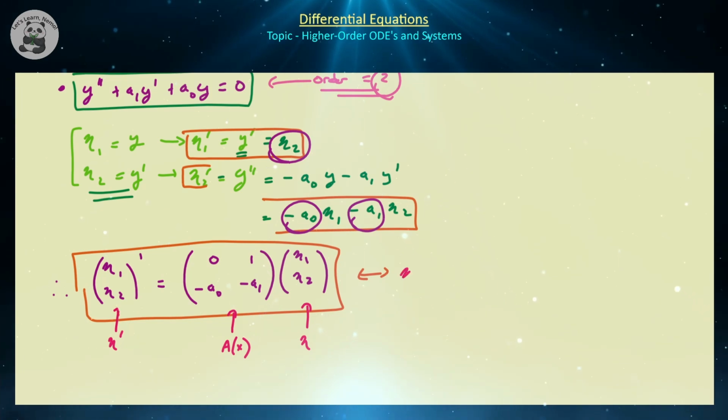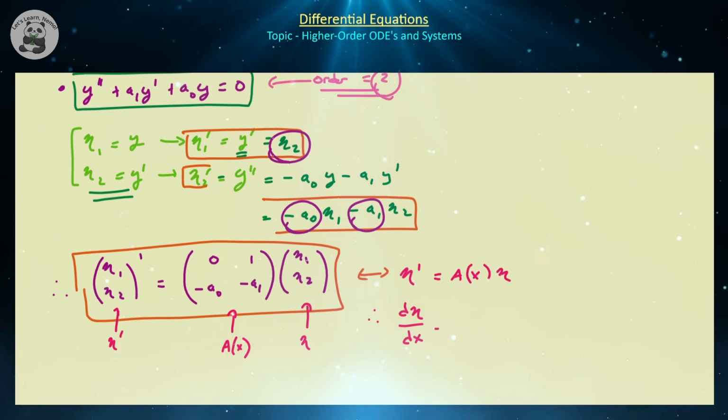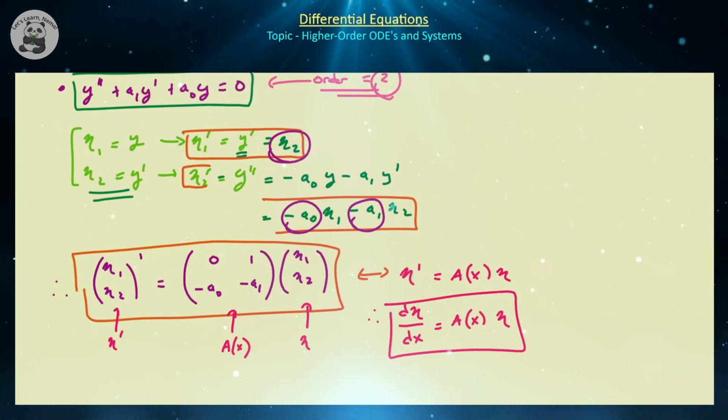So eta prime is equal to A(x) eta, right? And if we write that in differential form, that's the same thing as d eta/dx is equal to A(x) eta, which is a separable differential equation.